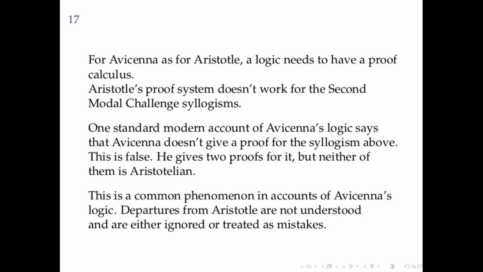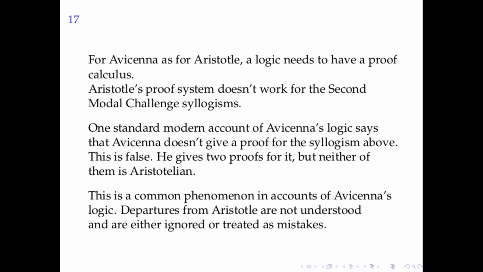All the others need to be proved by being reduced to the perfect ones. Aristotle's methods of reduction don't work for this syllogism we've just looked at. So Avicenna has to find a new type of proof, a non-Aristotelian proof for his favorite syllogisms.